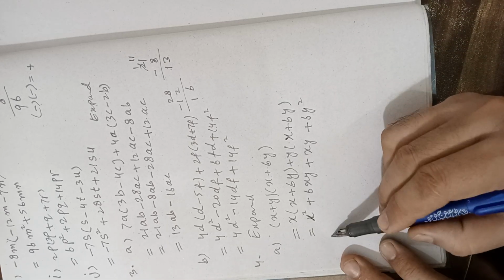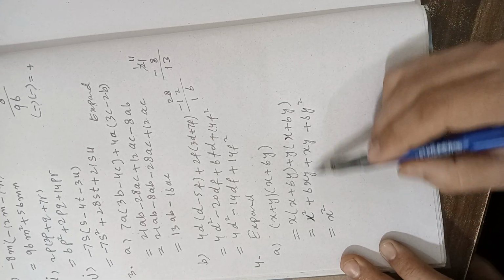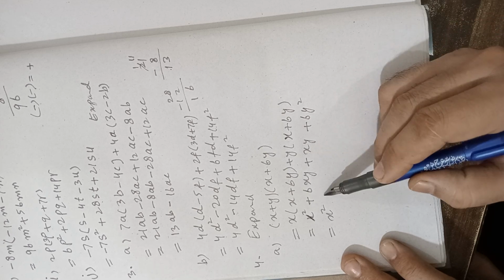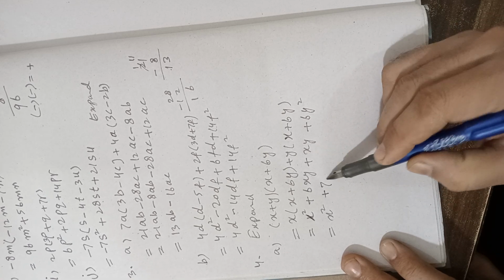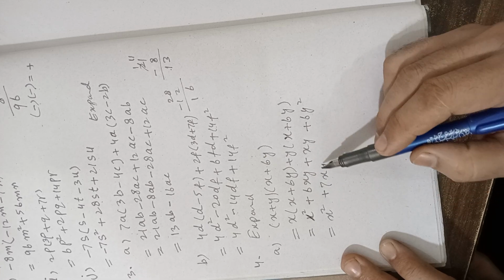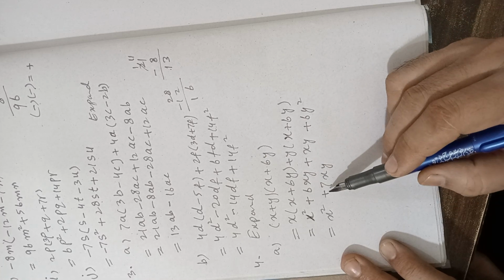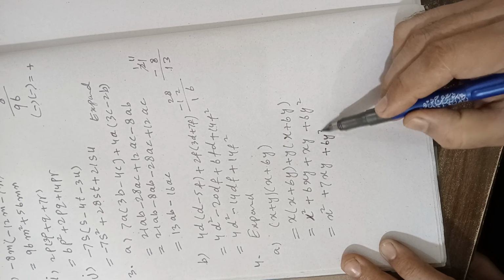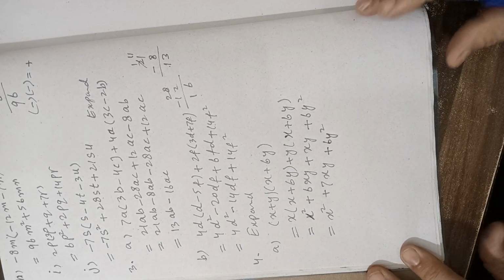Same terms are these two, and we will simplify these two as well. 6 and 1 makes 7, and because these both have the same sign, I have added these, and the sign is that of the same terms. This is the answer of A part.